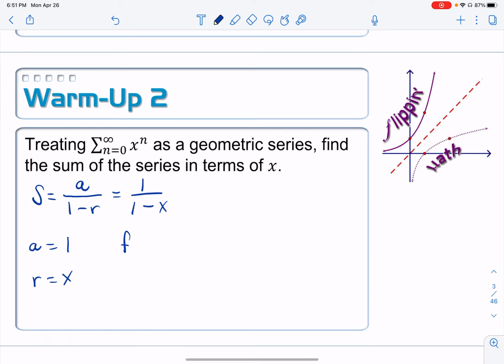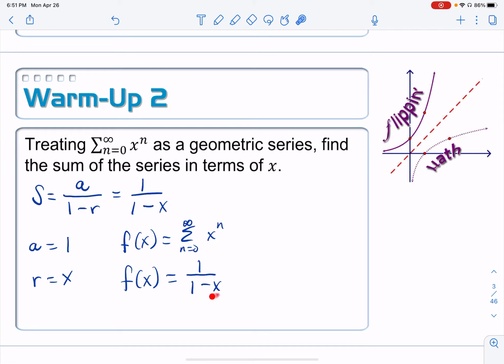We're defining this as a function. F of x is equal to the summation from n equals 0 to infinity of x to the nth. And what we just discovered is that, for every value of x, this infinite series sums to 1 over 1 minus x.